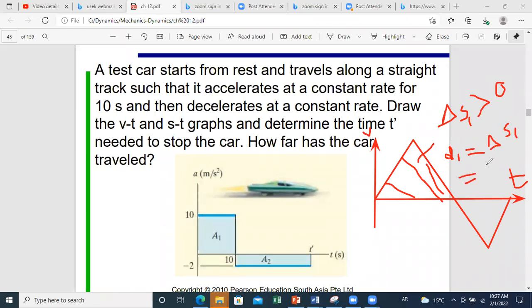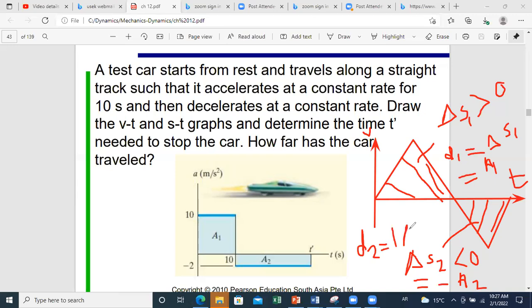Now, for the second part, which is below the axis, you consider that delta S2 is negative. So delta S2 will be negative, equal to minus area 2. But if you are calculating the distance D2, you take the absolute value of delta S2, which is plus A2.